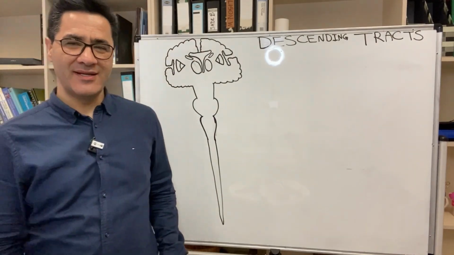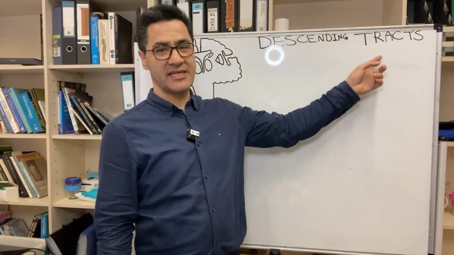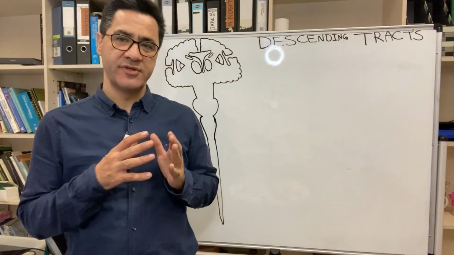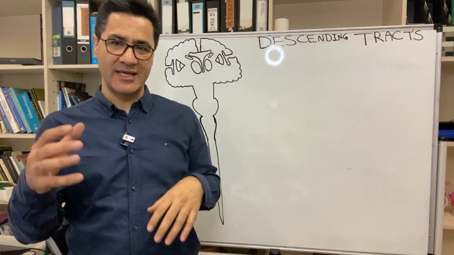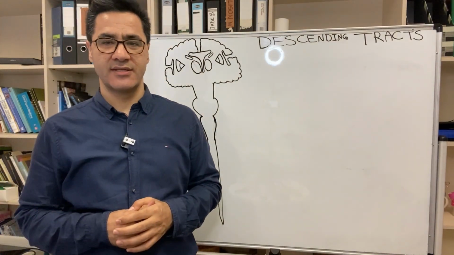Guys, as you see here, today I'm gonna talk about the descending tracts of the spinal cord. In my previous videos, I showed you the ascending tracts. Now I'm gonna focus on the descending tracts.